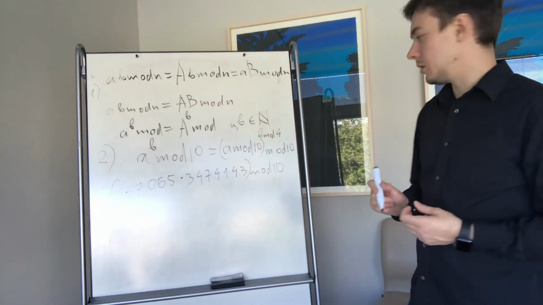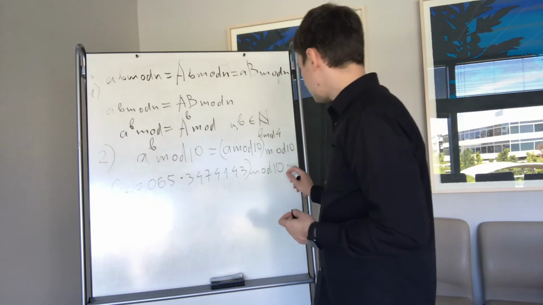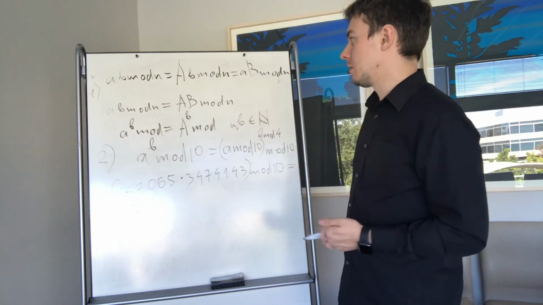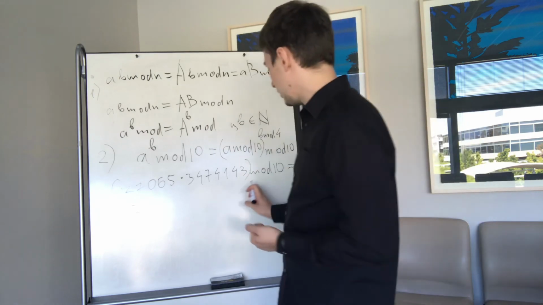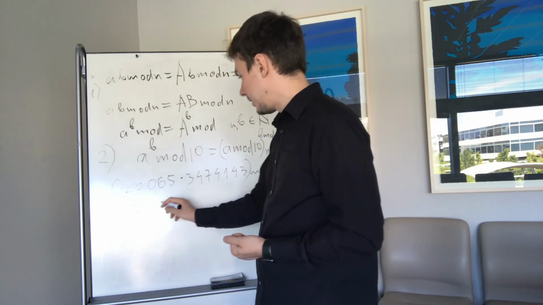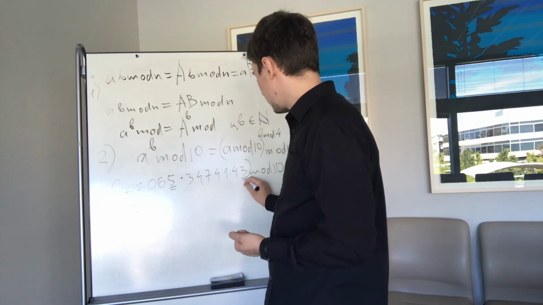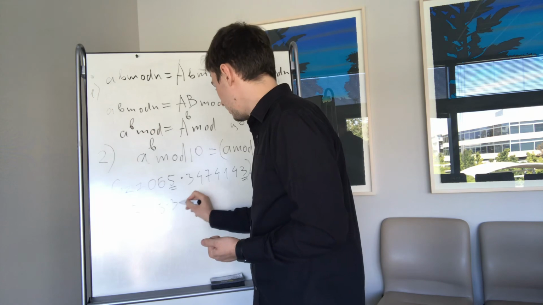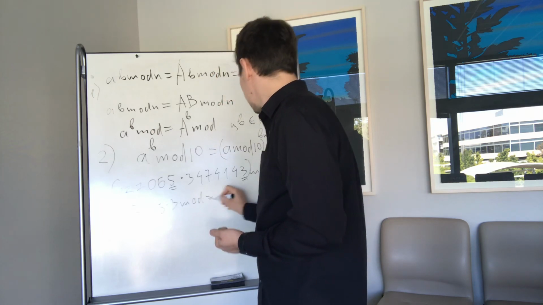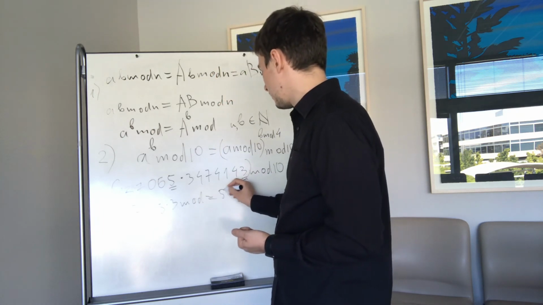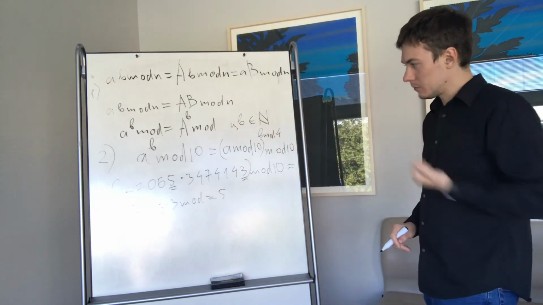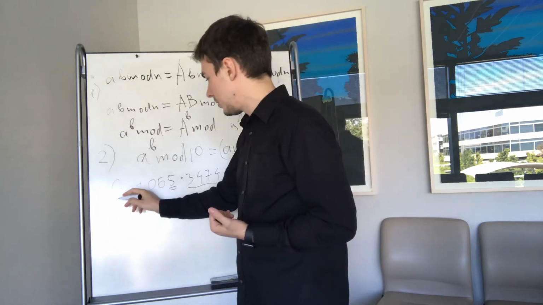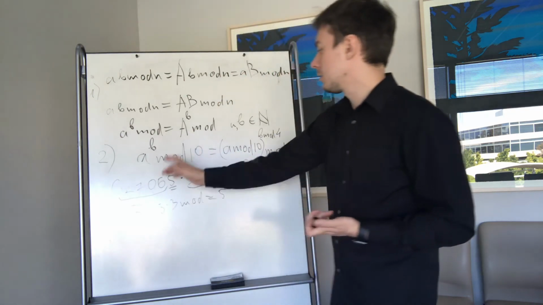It seems very complicated, but we know that if we use this formula, we just need to take the last digits of these numbers: 5 times 3, mod 10. It equals 5.